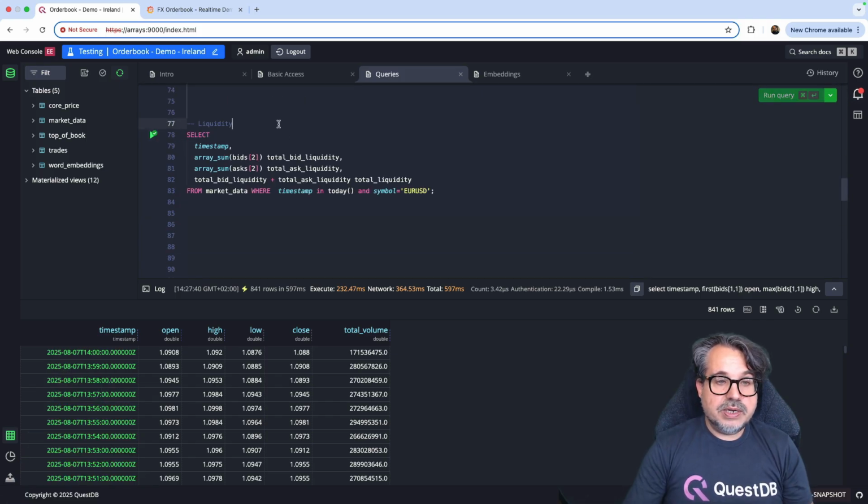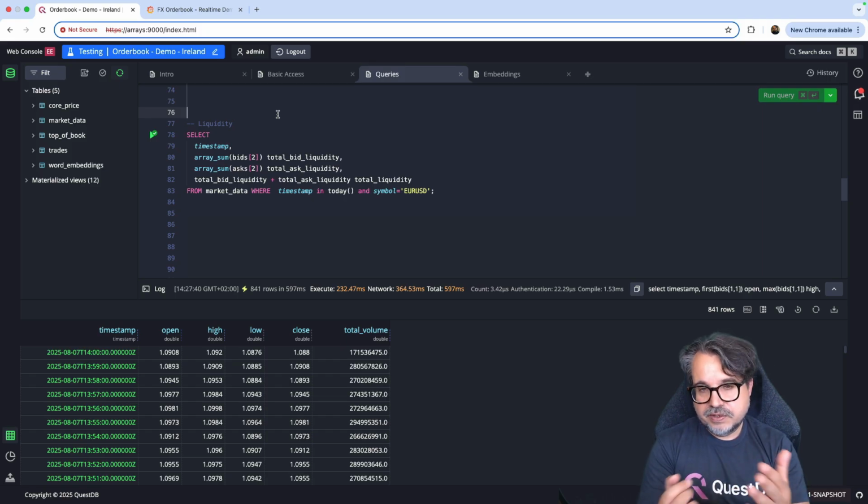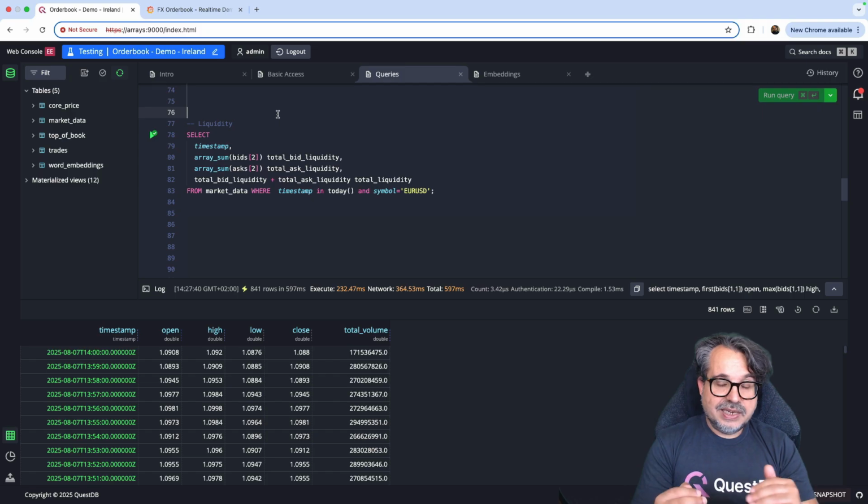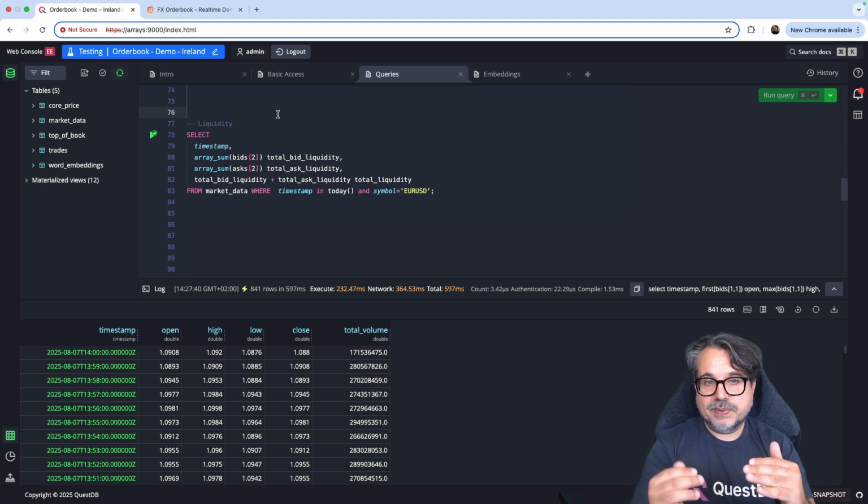Liquidity could be another interesting thing to query when you are storing financial data. And liquidity basically means I have different volumes, different sizes for the bids, and I have different sizes for the ask. At any given moment in time, if I'm trading in a market, I will see how much volume is available at every price level.